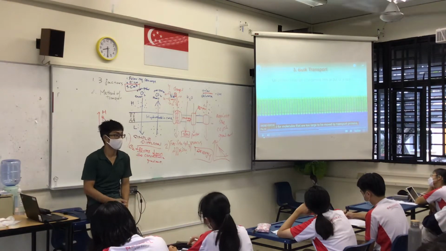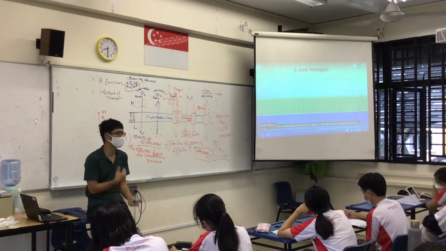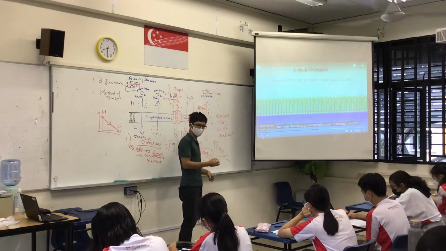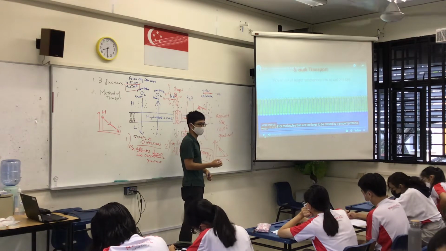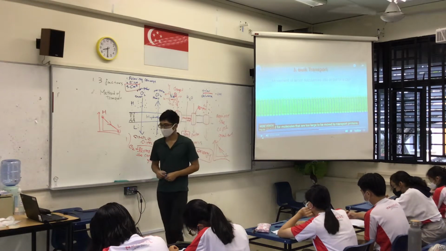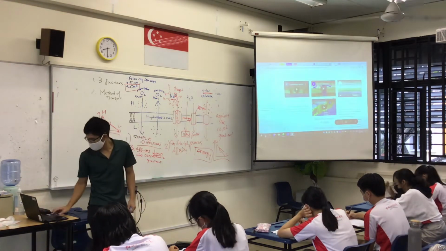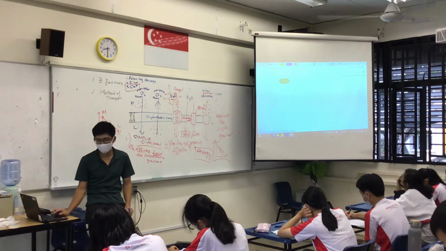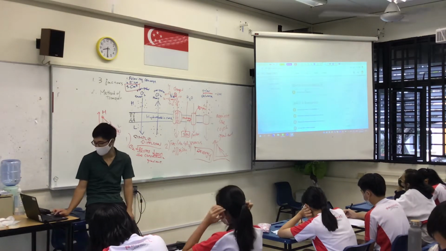Okay, so that was the last form of transport, active transport. Can you find it in your notes? Because it's not in your class activity worksheet. Can you search your notes for this particular part on active transport? Just so you know where you can find it.